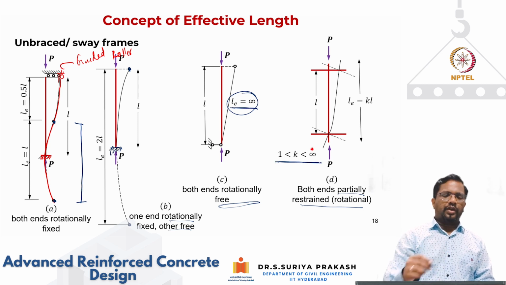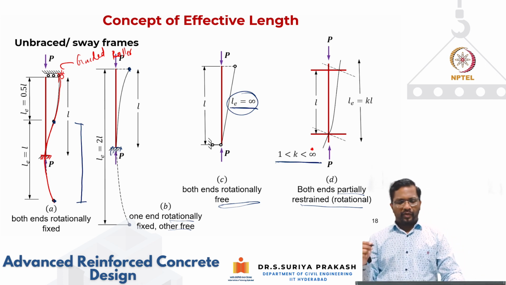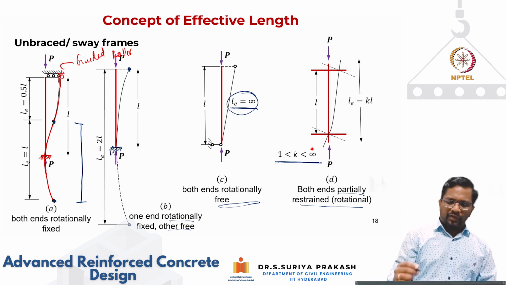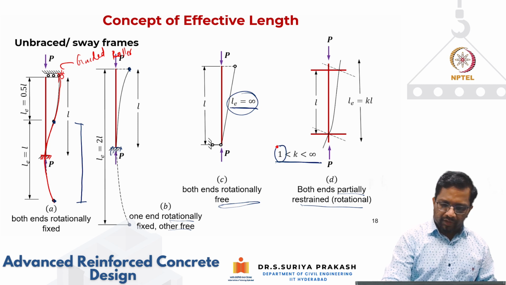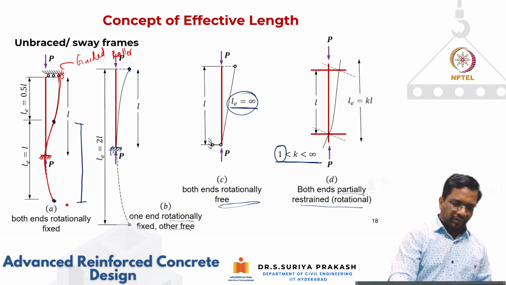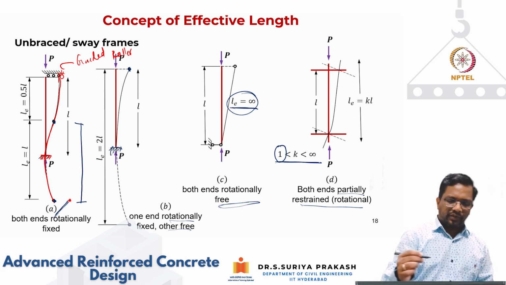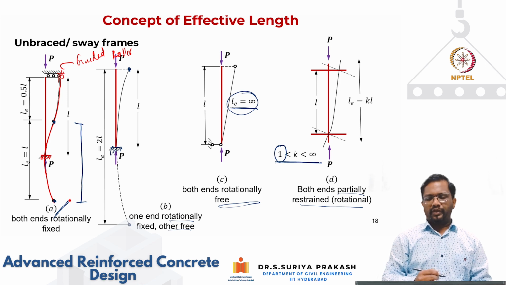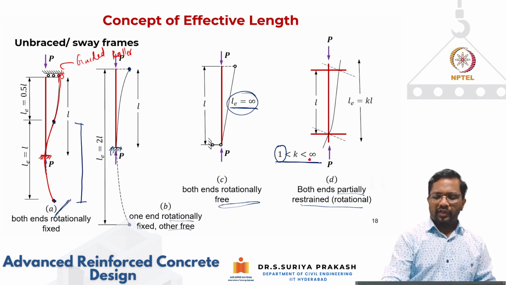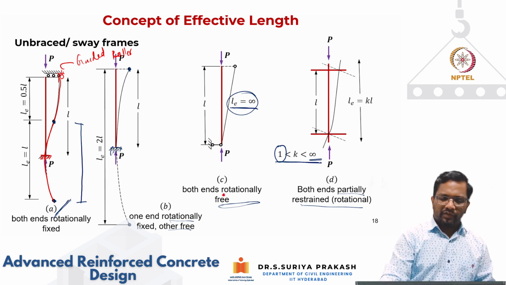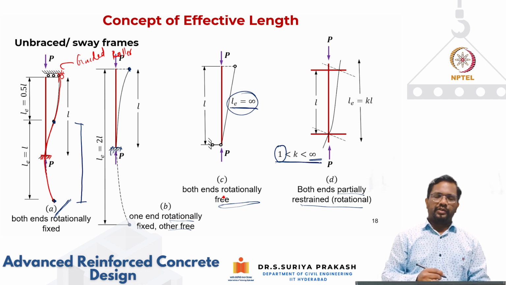So for an unbraced or sway frame, if you look at what is the minimum value of k that we are getting, it is 1, which is for this case, which is both ends rotationally fixed. What is the maximum value that we are getting for k, which is infinity, which is for when both ends are rotationally free.